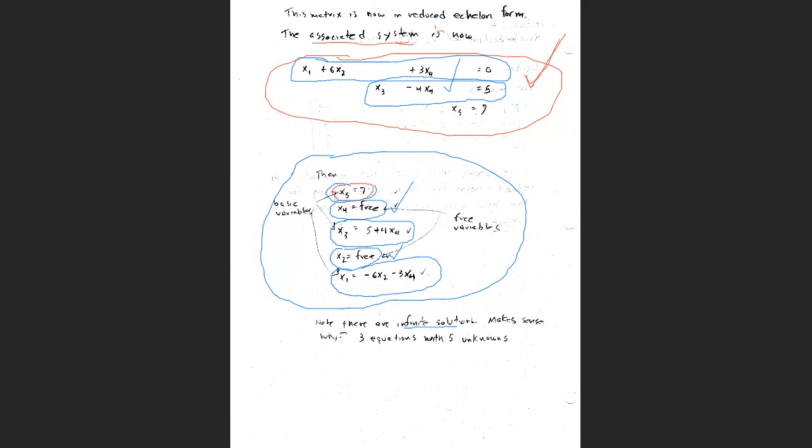It's not like the solution is one coordinate. It's an infinite number of coordinates that form a subspace. I want to be careful. Well, we won't get into that yet. But are there any questions on that?